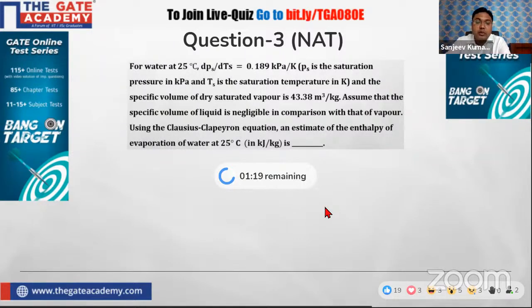Using the Clausius-Clapeyron equation, an estimate of the enthalpy of evaporation, that is hfg of water at 25 degrees centigrade, at the same temperature where we have mentioned the Ps and Ts values, in kilojoule per kg is. Okay, so please try. Requesting all of you to mark the correct answer. Please try your best.